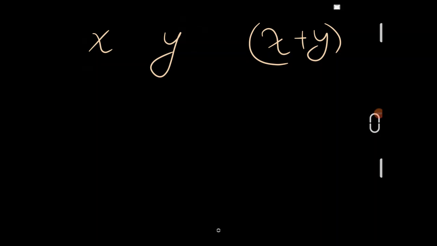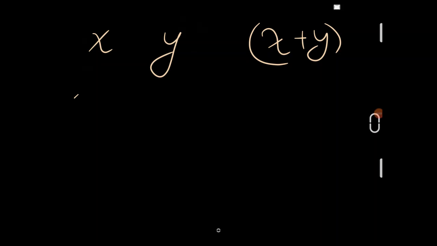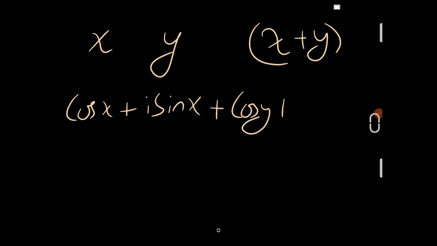So first I will write cos x plus i sin x multiplied by cos y plus i sin y, right? This is equal to cos of x plus y, we know. The RHS I will write later. Let me solve the LHS first.